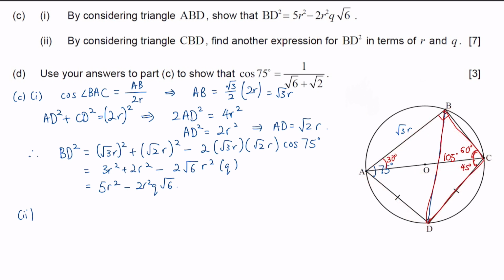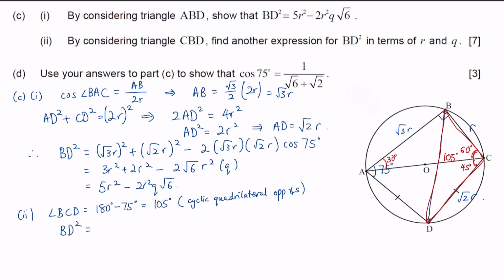So the first thing I note is that angle BCD is equal to 180 minus 75 degrees, which is 105 degrees, because they are opposite angles in a cyclic quadrilateral. Now I also know that BC is r, and CD, which is the same as AD, is root 2 r. So I can find an expression now for BD.